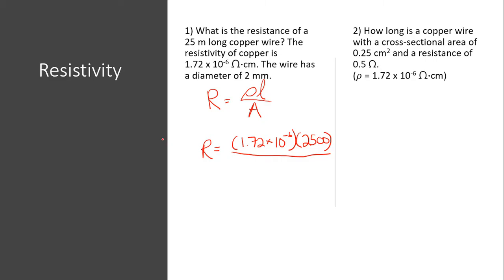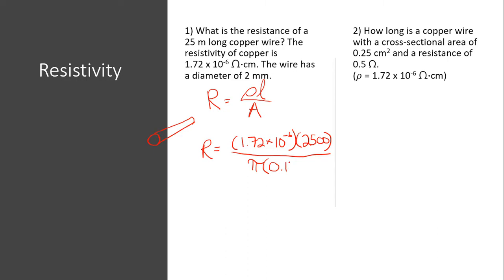Now, a wire is always a circle in this class, so we're looking for the area of a circle. The formula for area of a circle still is pi r squared. For the radius, we're given a diameter, so let's change that to a radius by dividing by 2. So the radius of this wire is 1 millimeter, but I want the radius in centimeters.